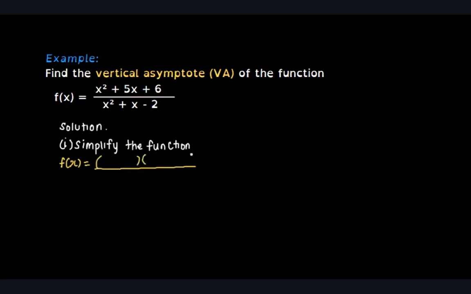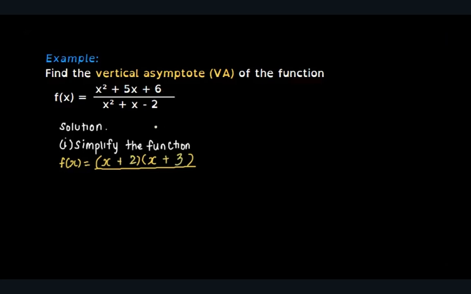Okay, hanap tayo ng numbers, no? First is the first term muna, no? X times x is x squared. Dito, hanap tayo ng dalawang number na kapag kinuha yung product, kapag pinag-add yung middle term. So that is 2 and 3.